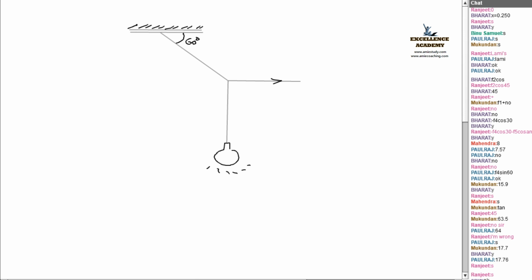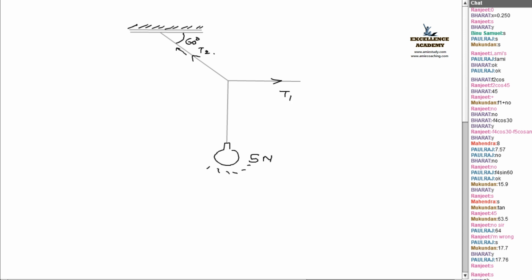And the tension is given here. Another tension is for this string in this direction. It is stretching in that direction. Okay, so T2. You have to solve this problem by means of Lami's theorem. I know the weight of this one, that is 5 Newton. Only this angle is known.